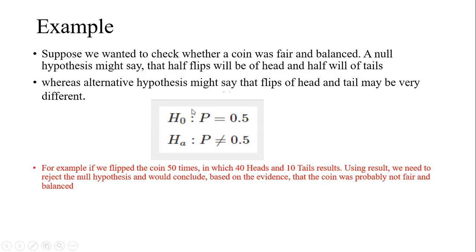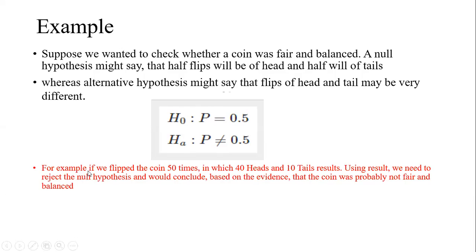Using probability, the null hypothesis is that the chance of obtaining head or tail will be 0.5. The opposite is always the alternative hypothesis. So the probability will not be equal to 0.5, right?